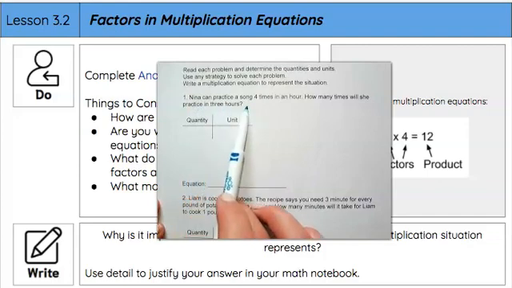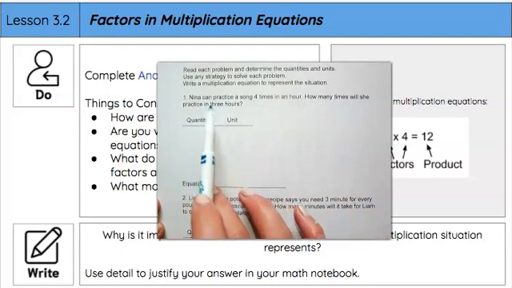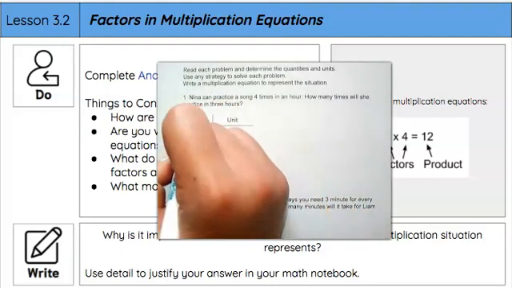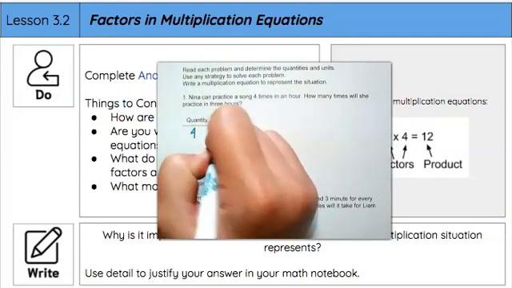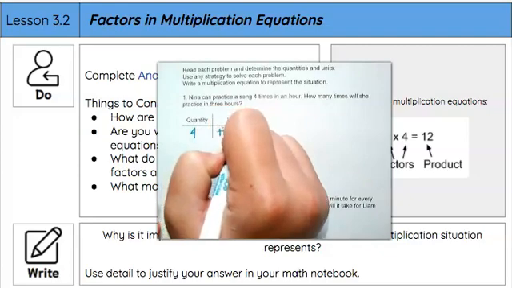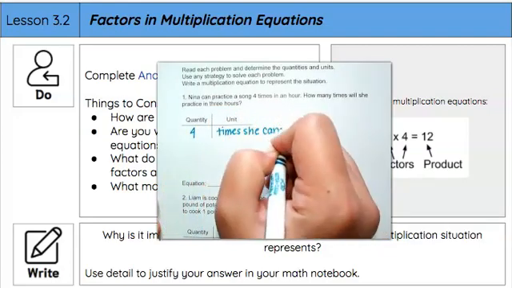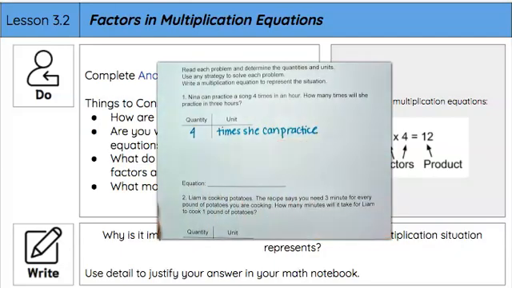Nina can practice a song 4 times in an hour. How many times will she practice in 3 hours? So our first quantity is 4 and then times she can practice. So we know she can practice 4 times in an hour.